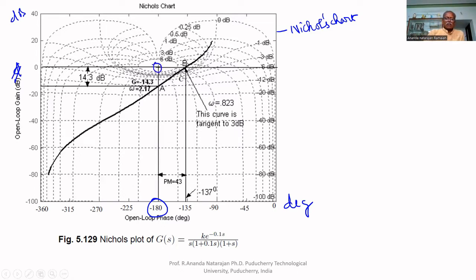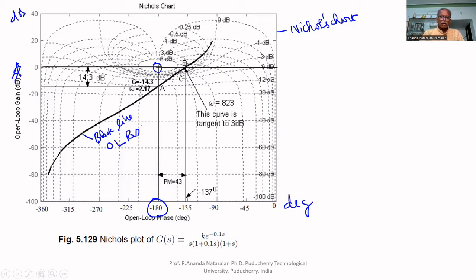That way, the Nichols chart is superimposed on this graph sheet. Here, this black line is the open loop response plotted on this superimposed sheet. This plot is called a Nichols plot.